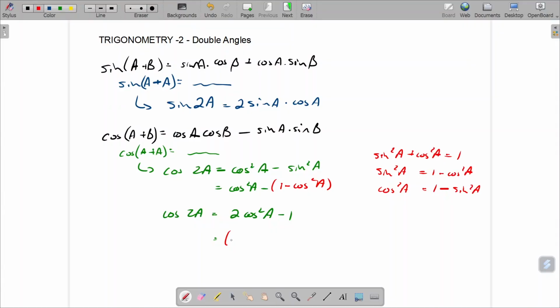Alternatively, coming off the top line, we would have 1 minus sine squared A minus sine squared A, which gives us the third variant, which is that cos of 2A equals 1 minus 2 sine squared A.